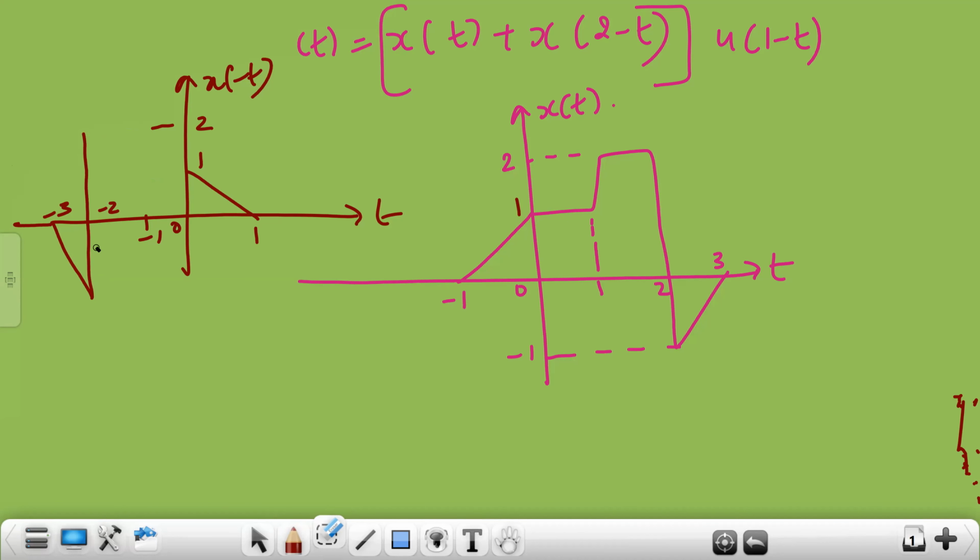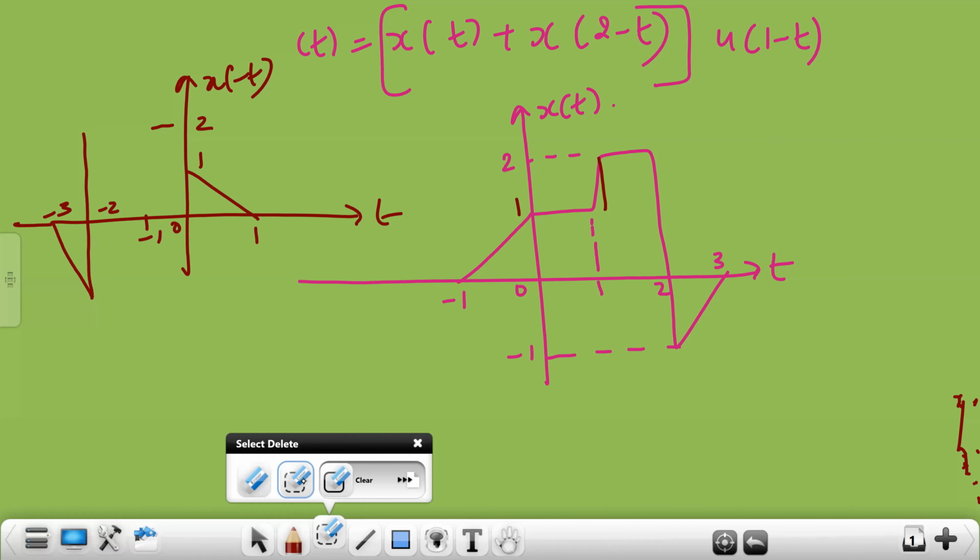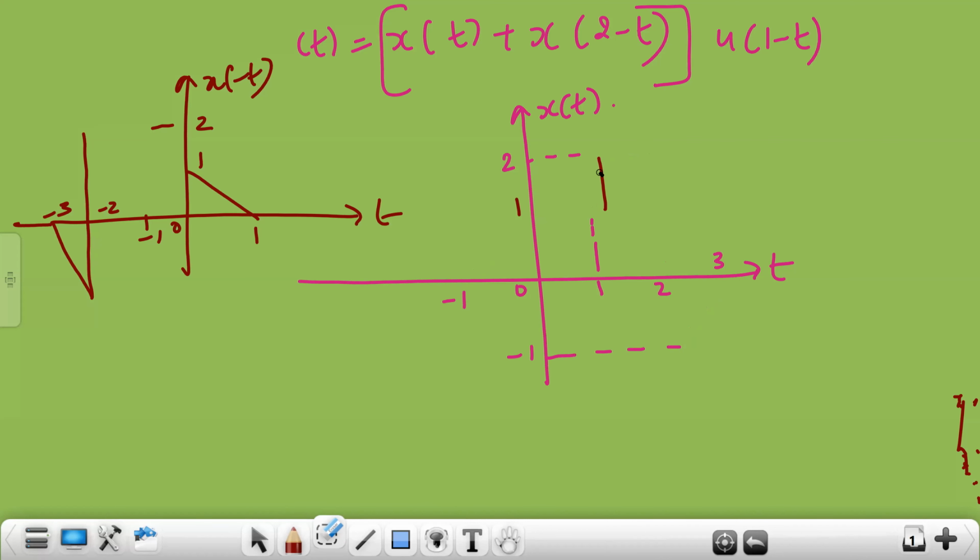Between 1 and 2 this is also straight. Otherwise I have to rub everything. While doing this on the smart board, we have certain limitations. So try to draw x of minus t.